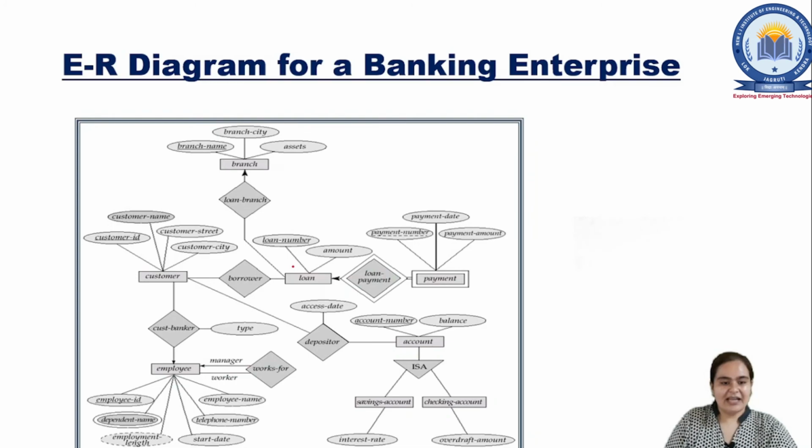Now this is the entire ER diagram which we have studied in parts over several different phases, and we have also seen the identification of these symbols and what they are for. This represents the weak entity set, payment number is the discriminator, and we have seen what kind of participation there is, what the attributes are, what types of attributes we have seen, and specialization as well.